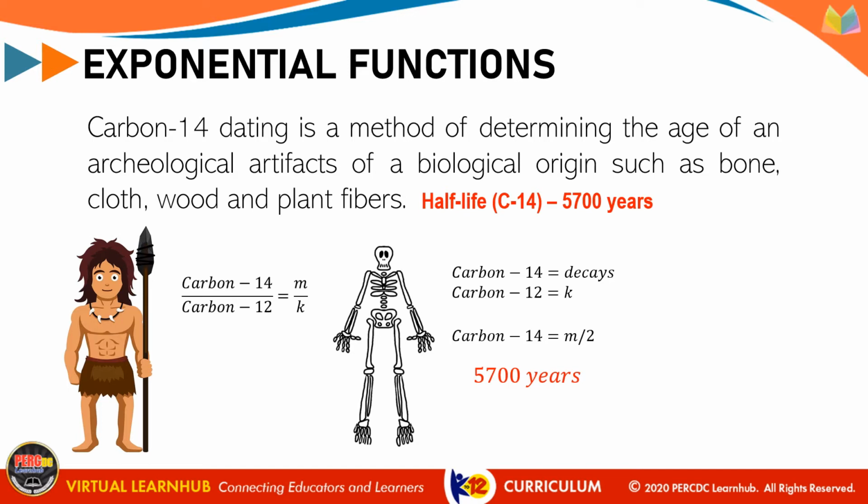So the date from the time that the organism is alive to the time of testing is determined by the ratio of the amount of carbon-14 and carbon-12. Therefore, when the remaining amount, again, reduced to half its value, this means that another 5,700 years has passed, meaning 10,400 years.